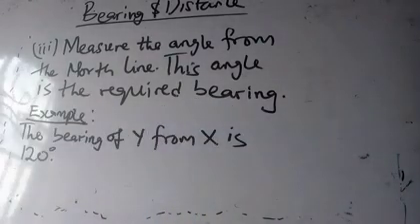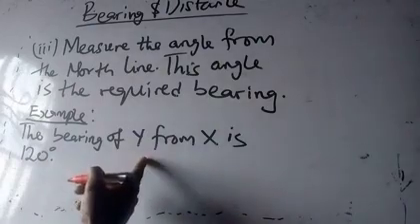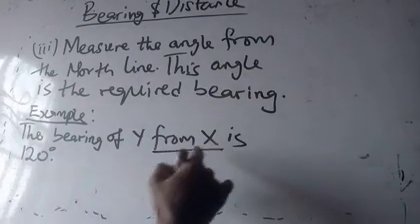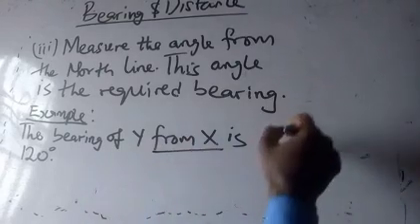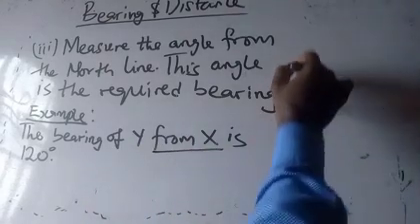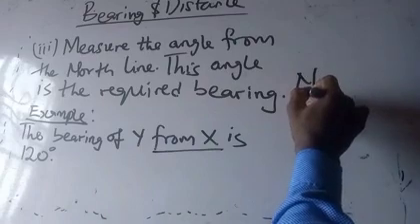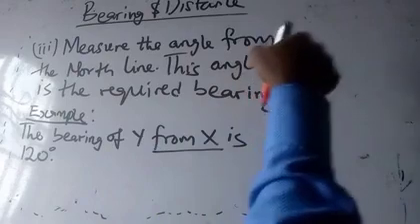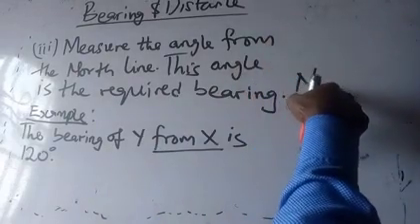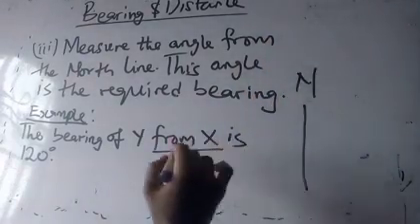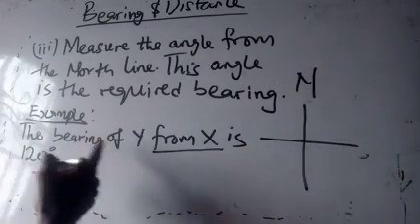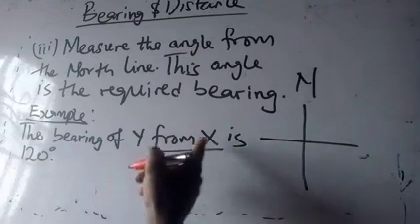With this example, the bearing of Y from X, the starting point is X. Draw the north pole. Yes, that's the second. You've observed from X and you draw the north pole, okay? Then you measure from where? From the north.